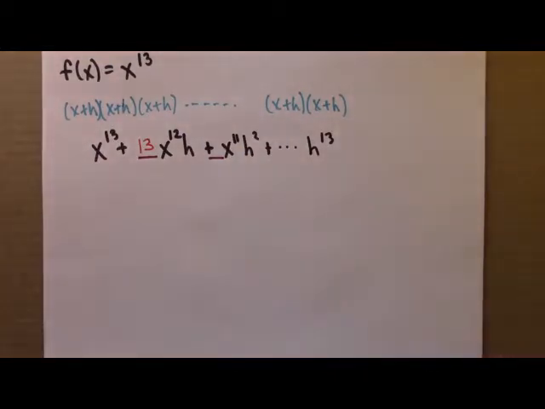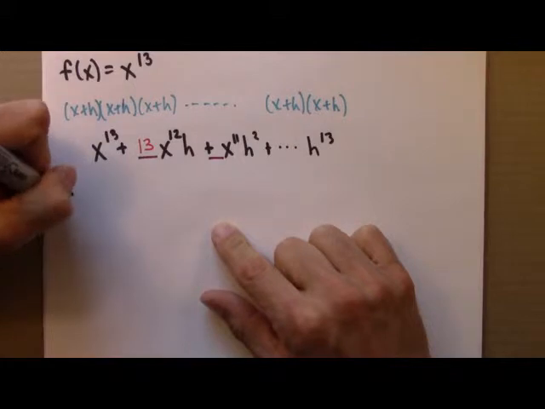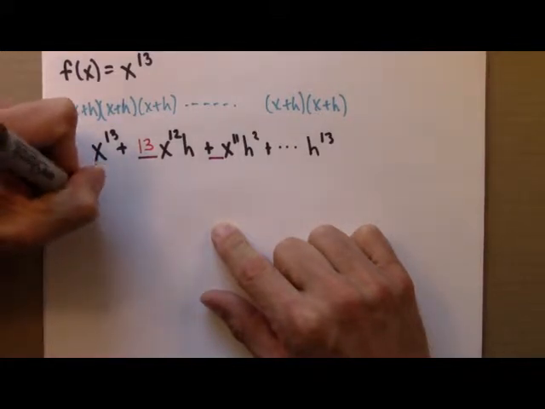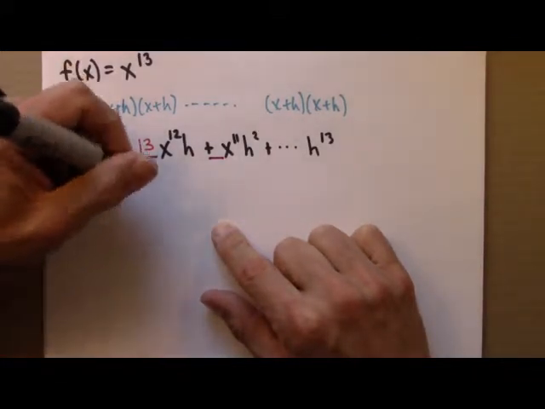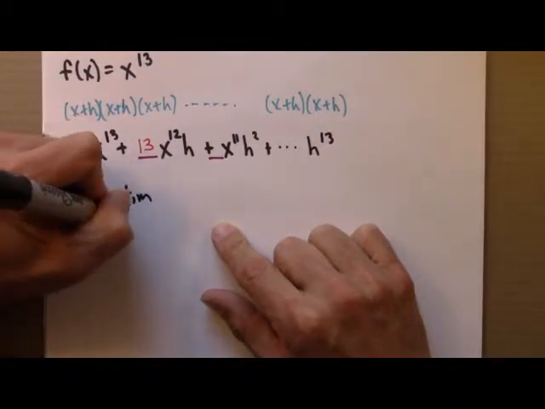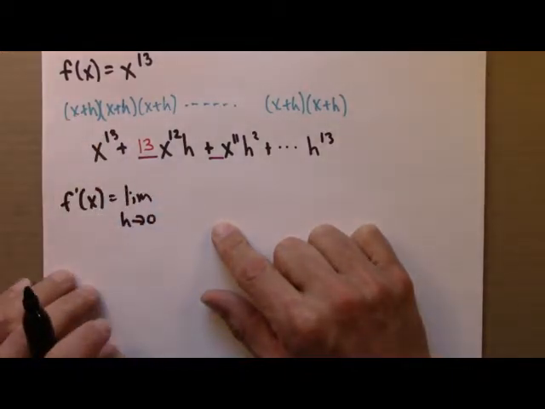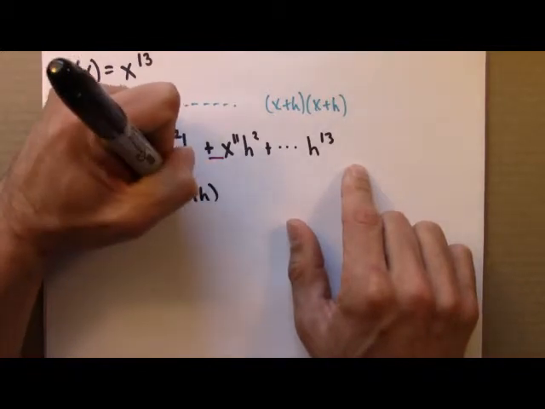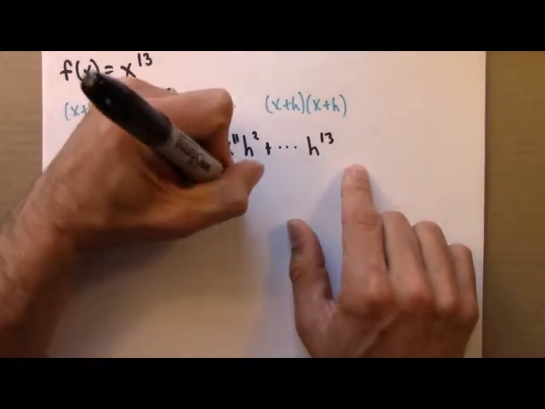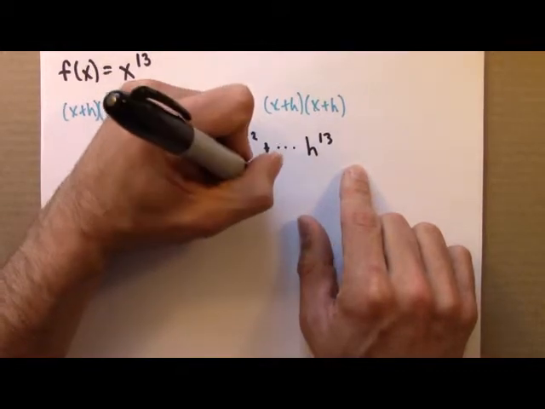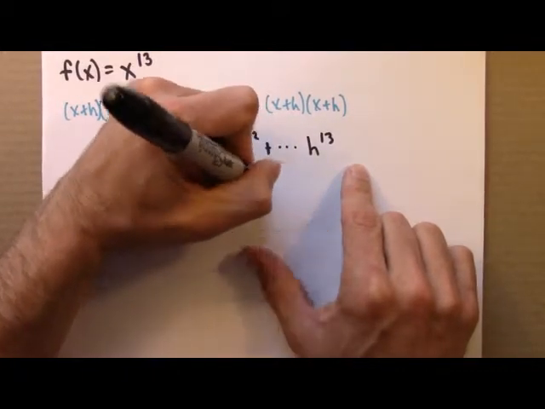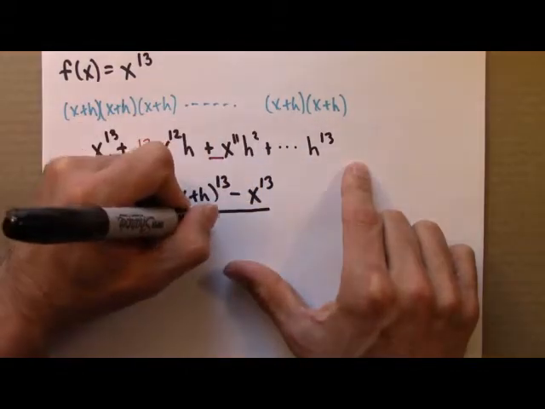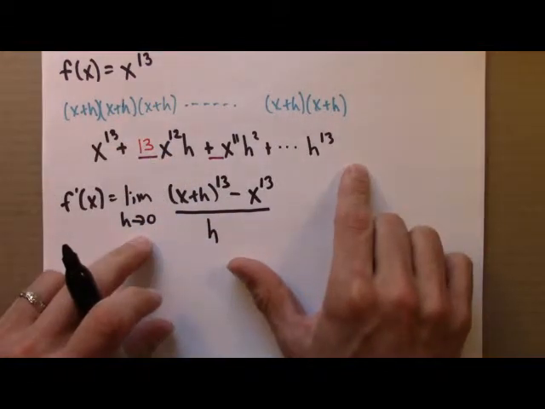So let's start thinking about the derivative. So f prime of x is the limit as h goes to 0 of x plus h to the 13 minus x to the 13 over h.